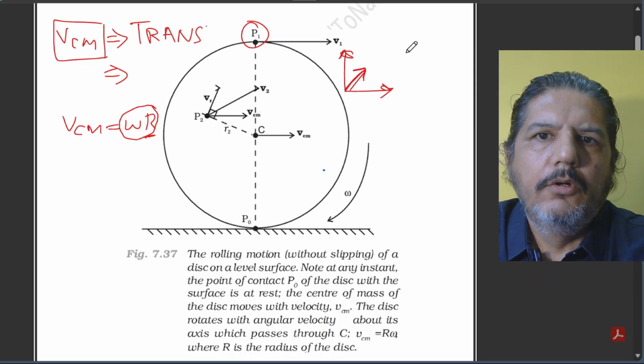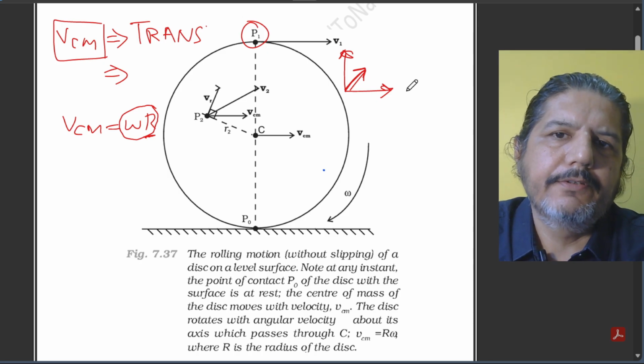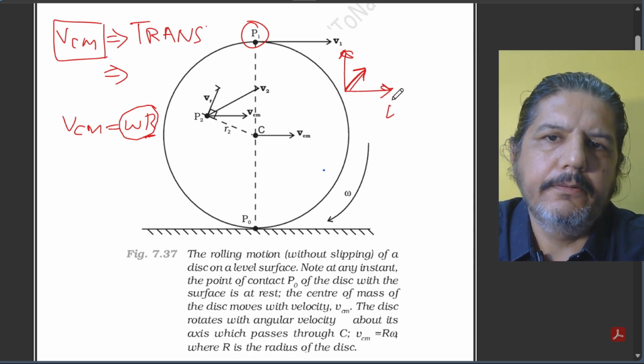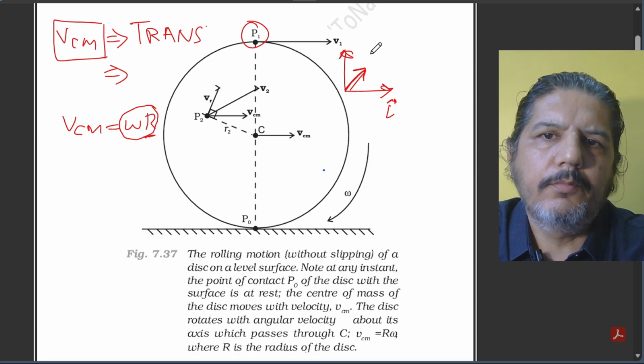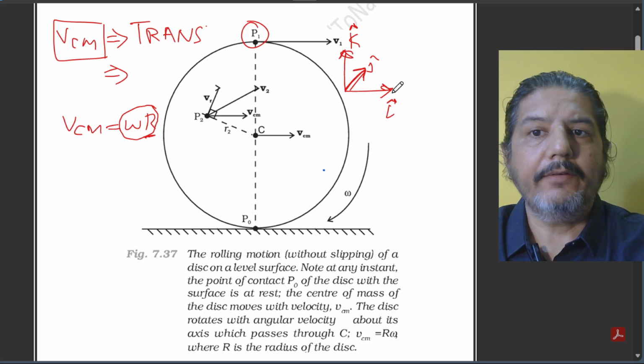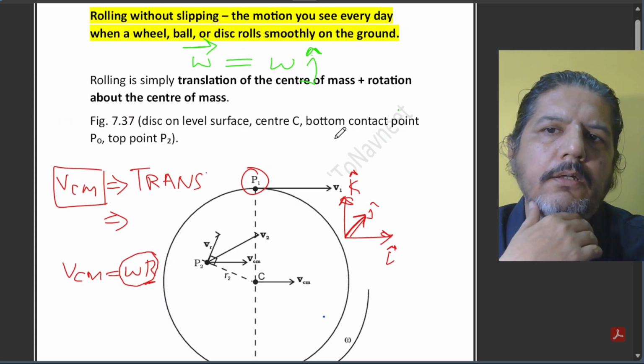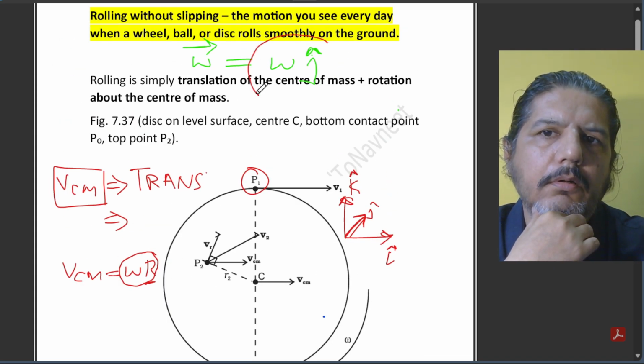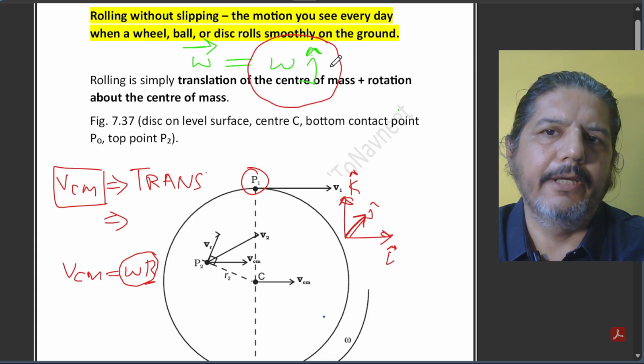So this is my I direction, this is my J direction, and this is my K direction. As I have discussed, the angular velocity can be given by omega j.